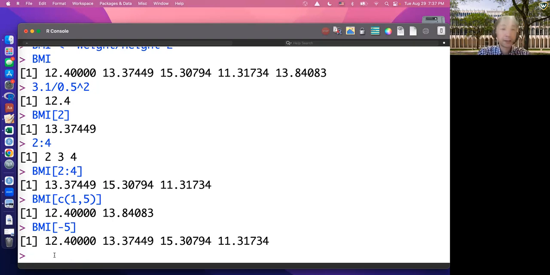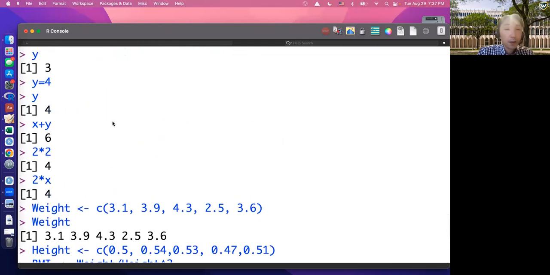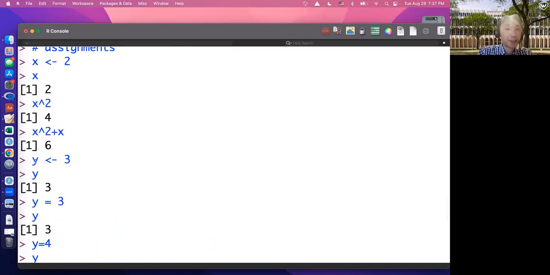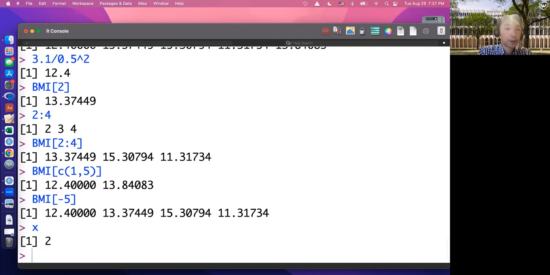Do you have any questions so far? I think today's quiz includes assignments. So assignment needs either this symbol or this symbol. X is equal to 2, and actually we will study this later, but this is the logical operation.